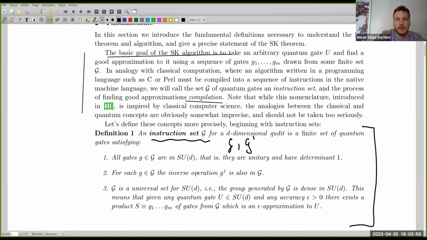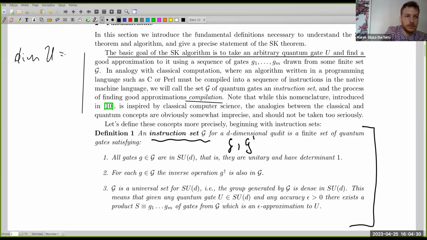The basic goal of the Solovay-Kitaev algorithm is to take an arbitrary U. So that's also the limitation of it. If you give me 1000 qubits, I cannot use the Solovay-Kitaev algorithm to compile any 1000 qubit unitary because I will need to work with that unitary in the algorithm. So one thing that we need to watch out for is the dimension of U. Are there some limitations on whether we can work with that?